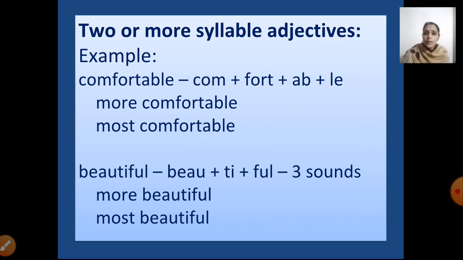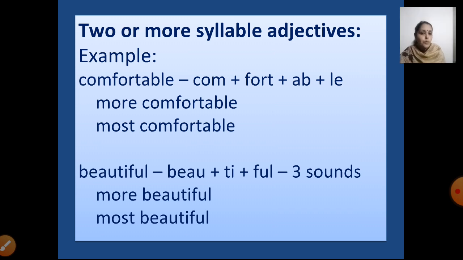How many sounds are there? Three sounds. You don't have to count the vowels, children. If you count the vowels, there are five vowels in this word, but we are going to only count the sound of the vowels. If the sound of the vowel in a word comes two times or more than two times, then I will use more or most.